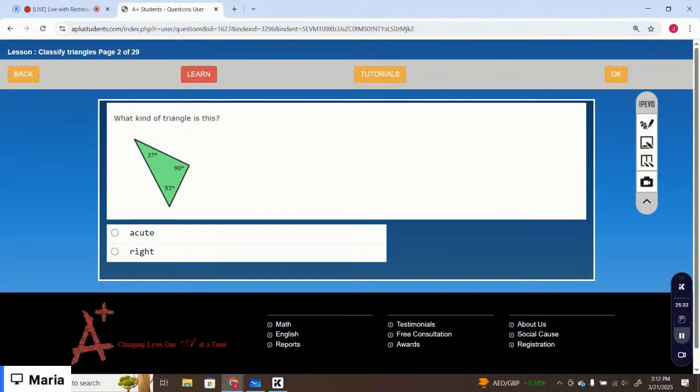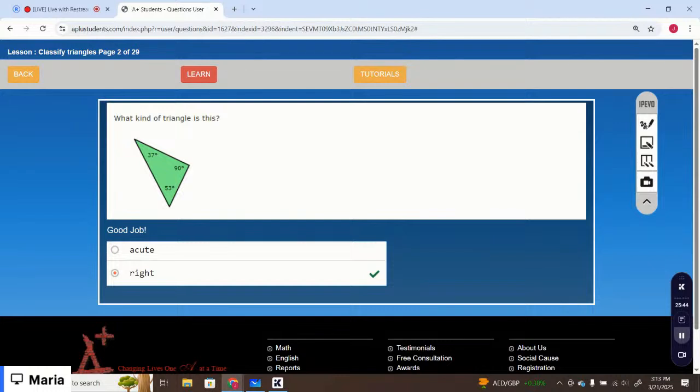What kind of triangle is this? One of the angles measures exactly 90 degrees. So that is the right triangle. Option number two is the correct option.